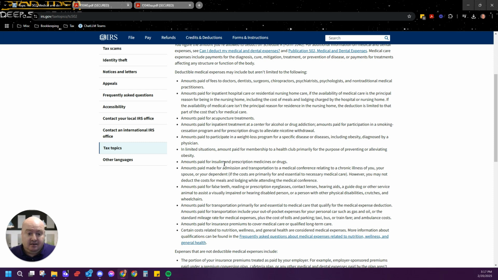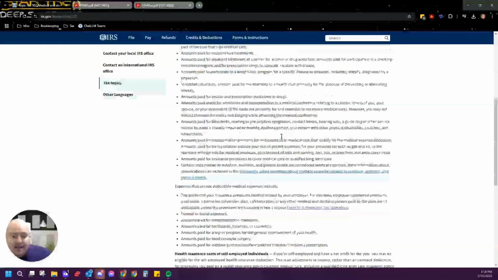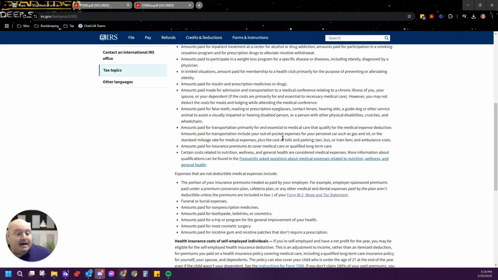Prescription drugs. If there's a medical conference, like you're part of a test group, that can be deducted. Eyeglasses, contact lenses, hearing aids, medical assist devices, basically. And then basically the medical miles you drive.